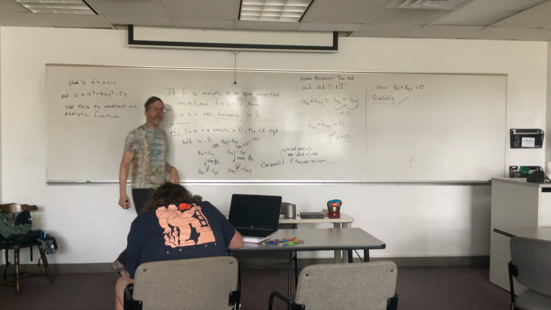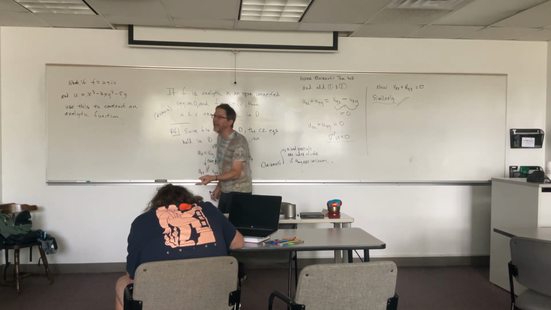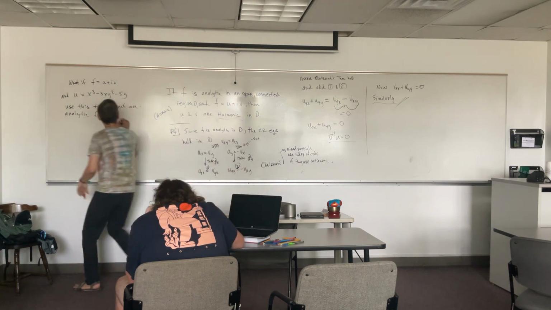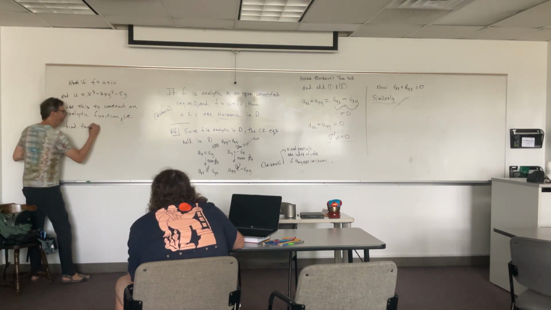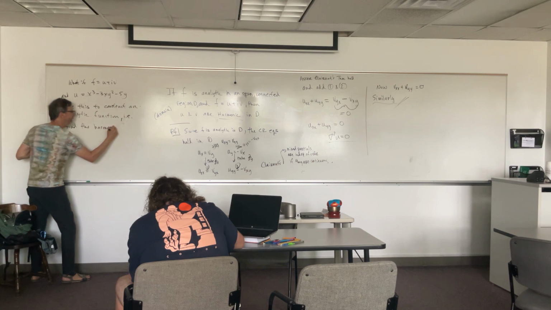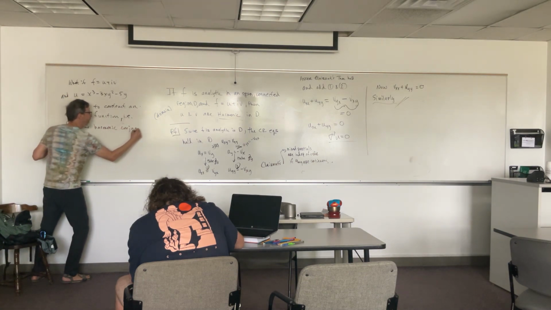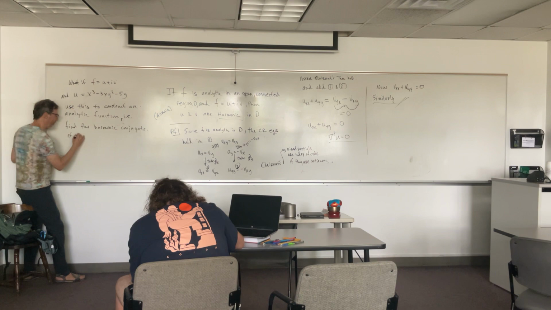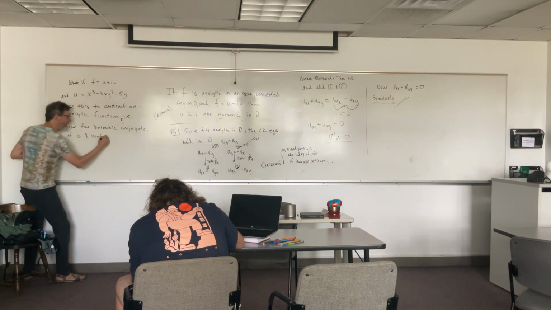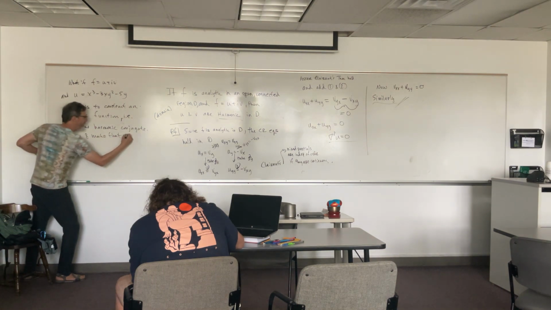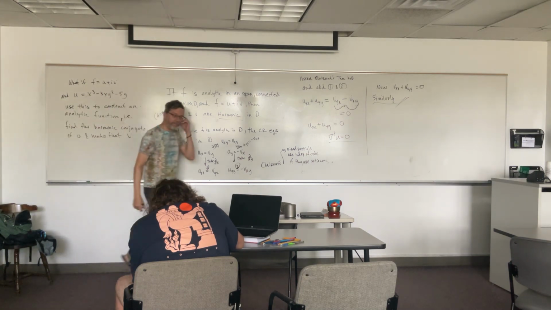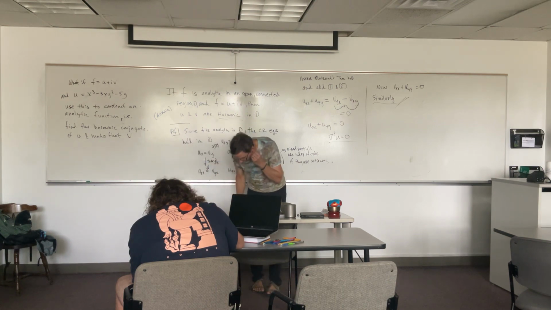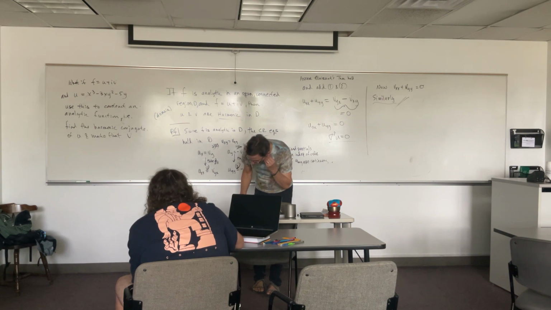And the way to do this is to produce the harmonic conjugate of u, i.e., find the harmonic conjugate of u and make that the v in f equals u plus iv. Let me just check through my notes.